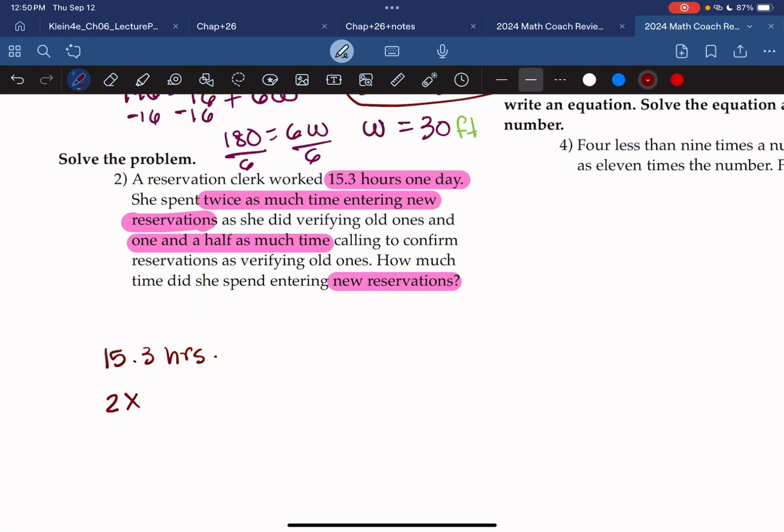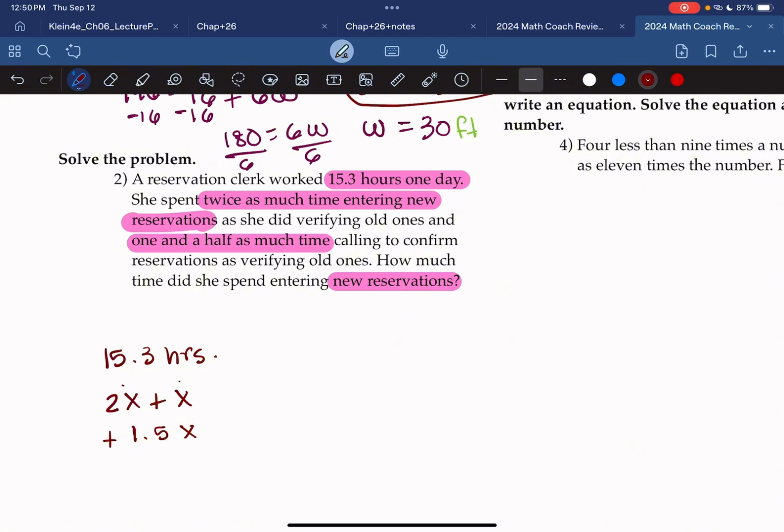So, twice as much time entering new reservations as she did verifying the old ones. This is the old one, and this is new, because she spent twice as much time, so we multiply it by 2. And then 1.5 as much time calling to confirm reservations as verifying old ones, so plus 1.5x.